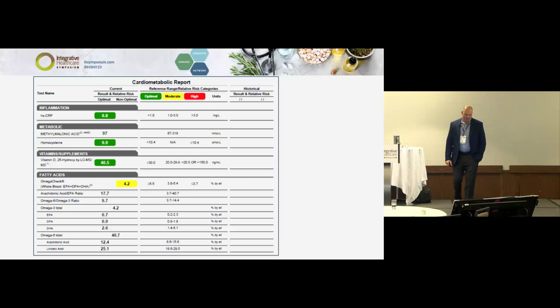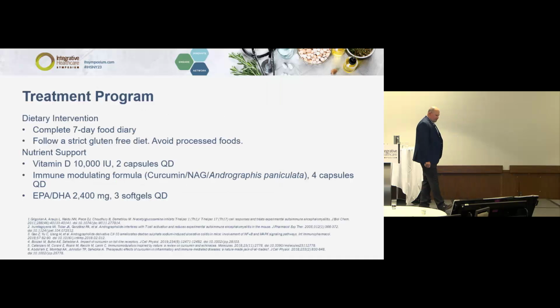But anyway, we followed a strict gluten-free diet to start, optimizing the stuff that we know we can do for autoimmune-type things. And then I was just thinking, what's going on with this patient?